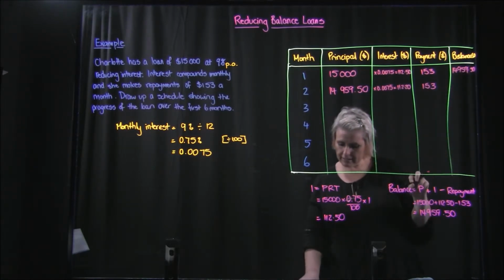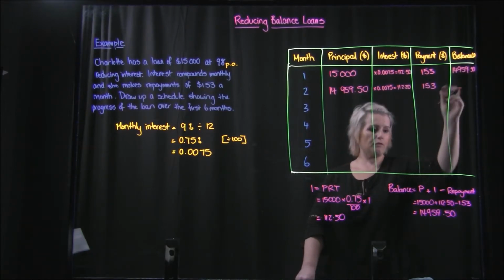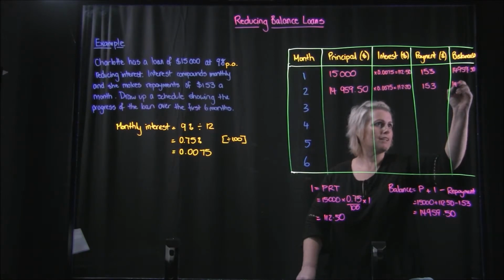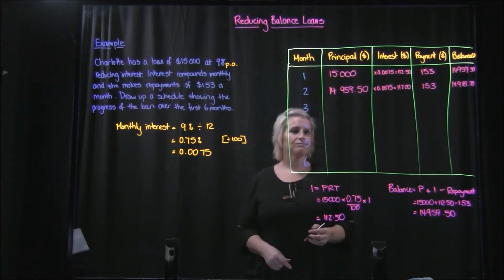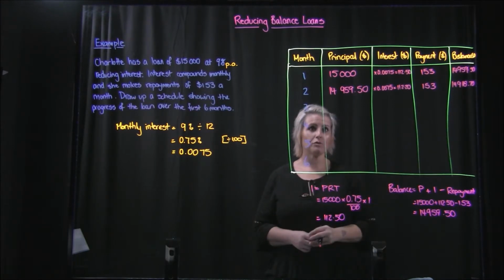And our balance now, when we add our interest on and then we take off our payment, just like we did down here, I get $14,918.70. And then I just continue and fill the rest of the table in.